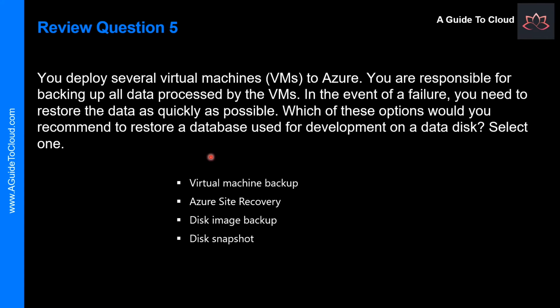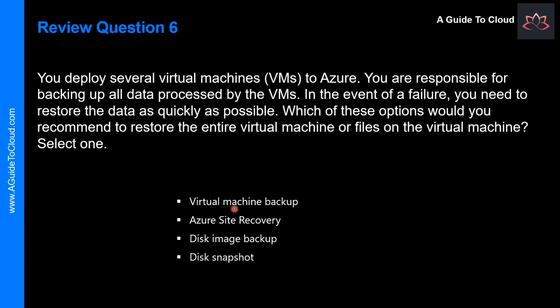You just need to select one. If your machines are deployed in Azure, the correct answer is Azure Virtual Machine Backup. Use Azure Backup to restore a VM to a specific point in time and to restore individual files. Azure Backup supports application consistent backup for both Windows and Linux VMs.